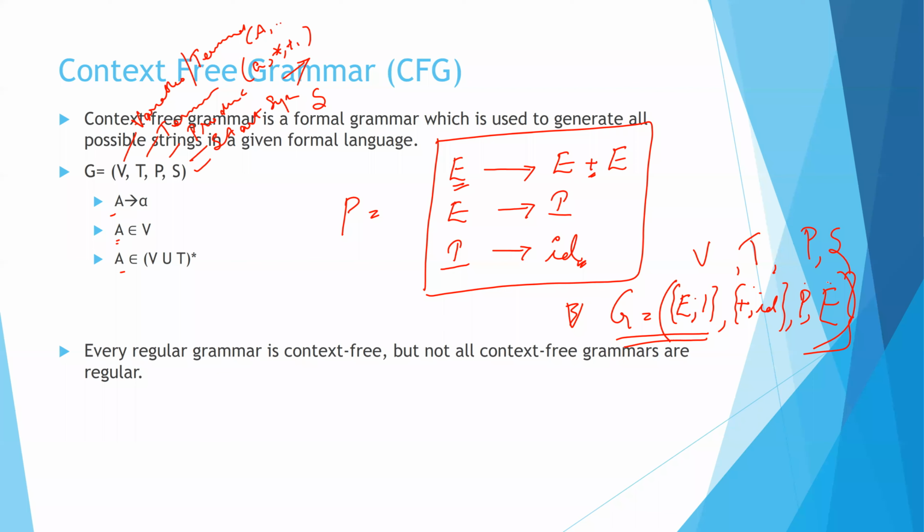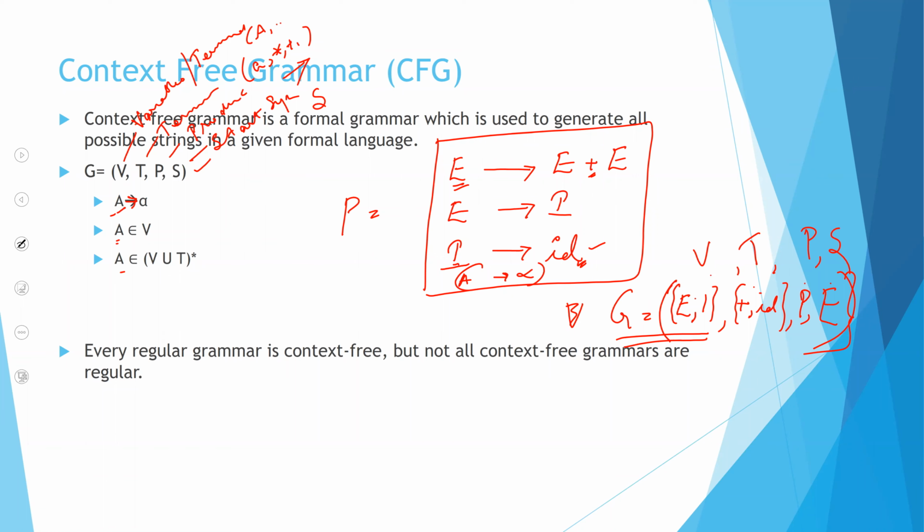Okay. Now, your production rules, as you all know, will always take the form with an arrow. A is nothing but a variable. It can give you a terminal. This takes the form A goes to alpha.